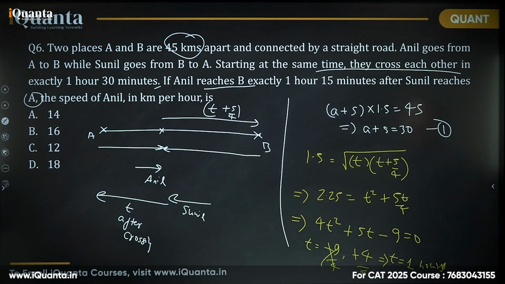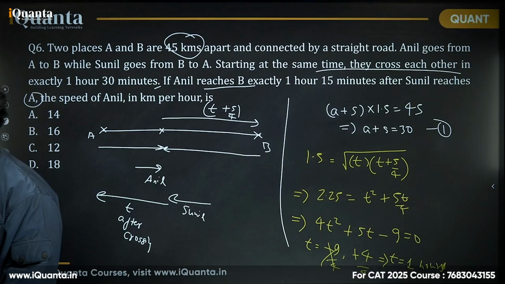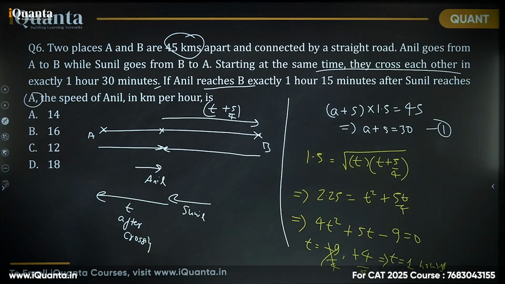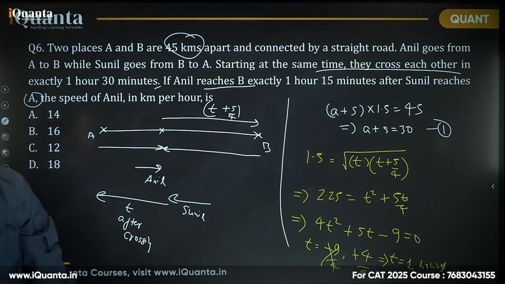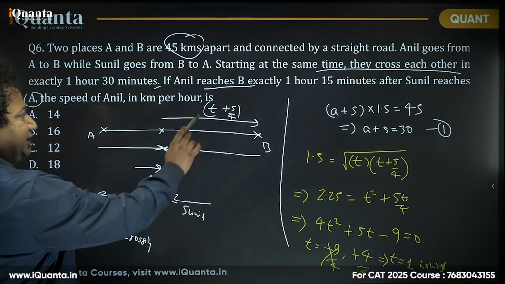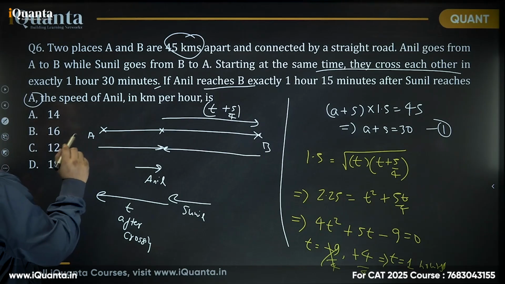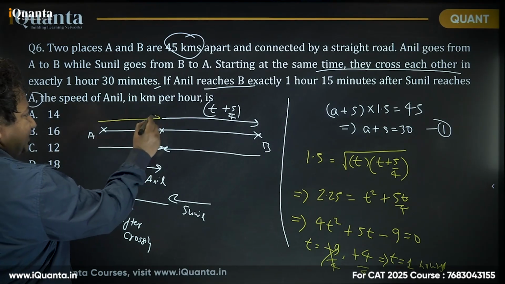We have to find the speed of Anil in kilometers per hour. So now we know the overall time taken by Anil. Anil has taken T plus 5 by 4. We got the value of T, that is 1. And from here to here, Anil has taken 1.5 hours.